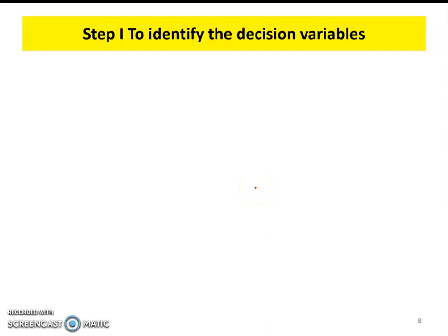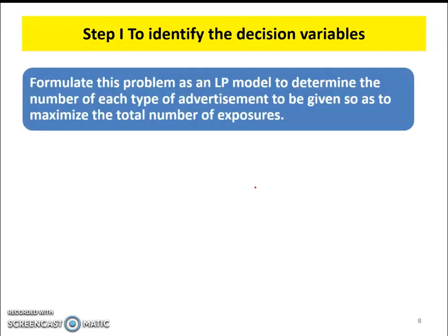So step 1 is to identify the decision variables, and let us reconsider this problem in fragments. We have to formulate this problem as an LP model to determine the number of each type of advertisement to be given.